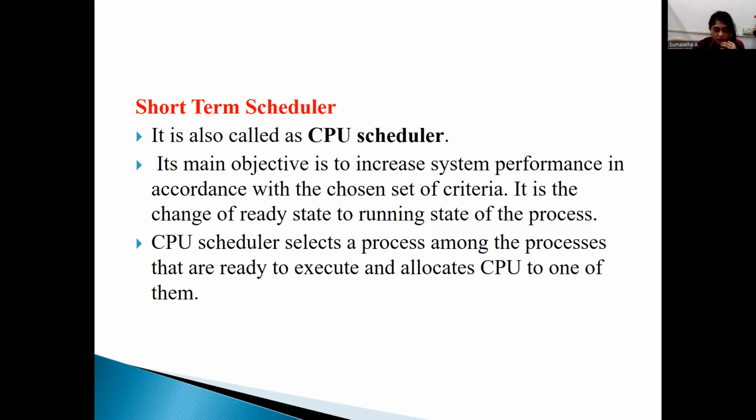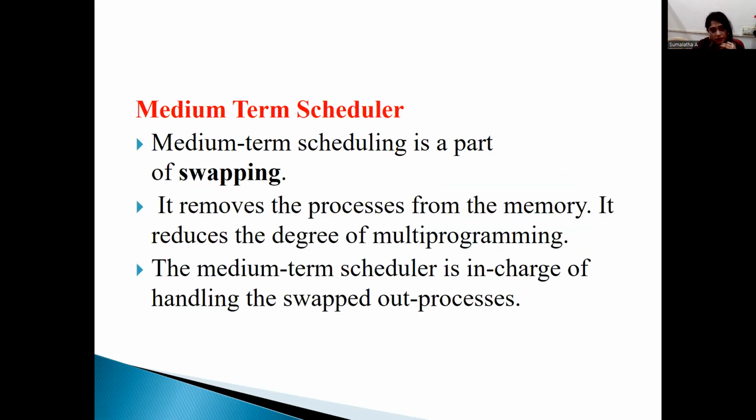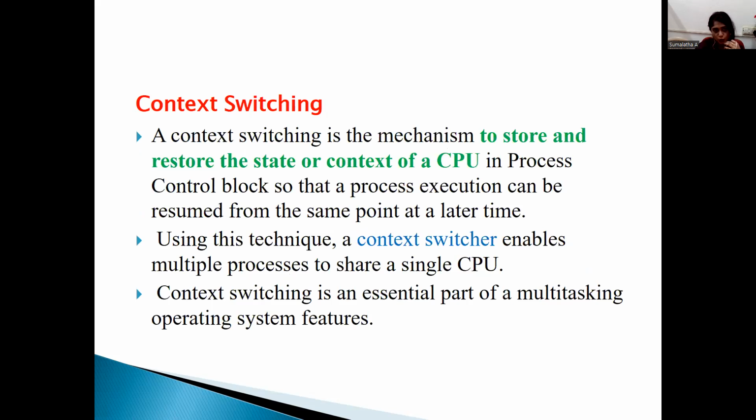This STS is used to increase the system's performance; it chooses a criteria and moves processes from the ready state to the running state. And the medium-term scheduler is part of the swapping process, where you swap the processes in and out. That's when the medium-term scheduler helps us.